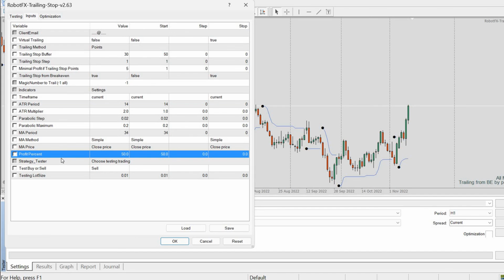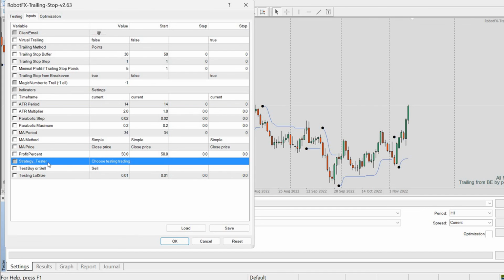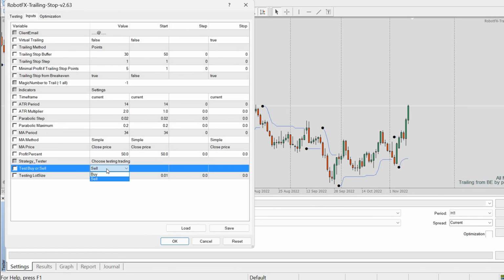What else is there to say? We have talked about all this until right here. The strategy tester settings have been implemented to better find the settings when trying the indicator in the strategy tester. Now you have the possibility to choose whether the expert advisor will open buys or sells in the strategy tester.